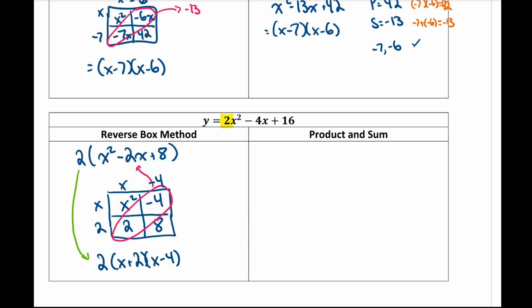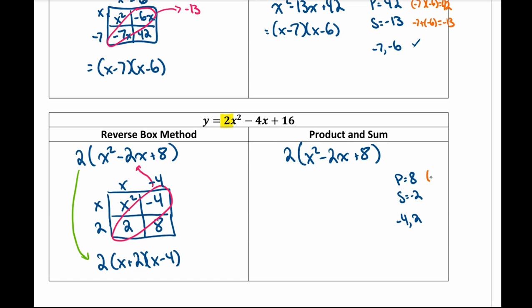The same process is going to be true if we do the product and sum method. We're still going to factor out that number in front of the x squared, that 2, and divide everything else by 2. If I use the product and sum on that first one, two numbers that multiply to 8 but add to negative 2. Again, going through the trial and error, I get negative 4 and 2.